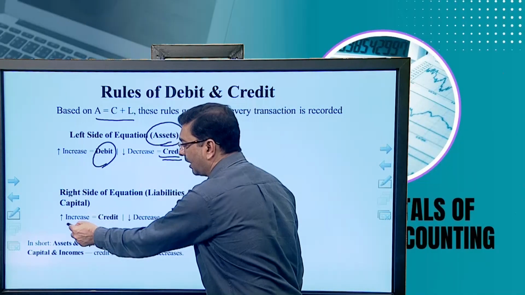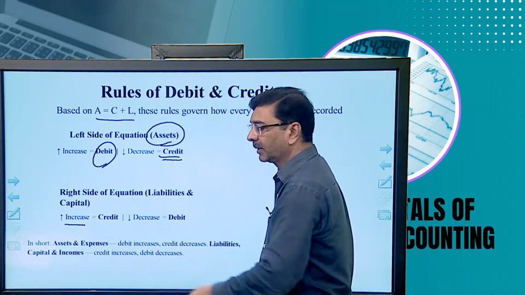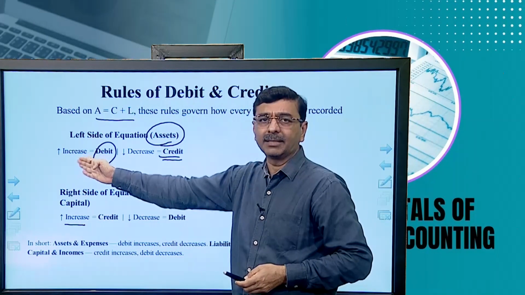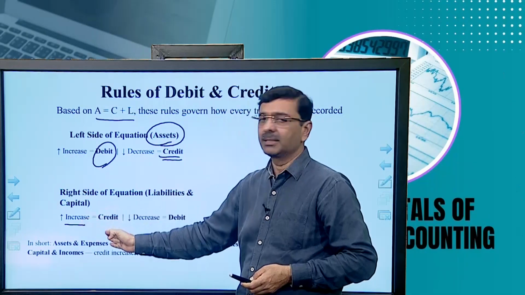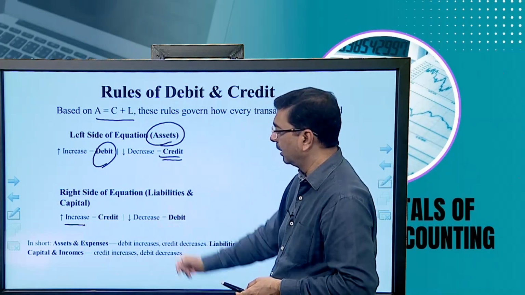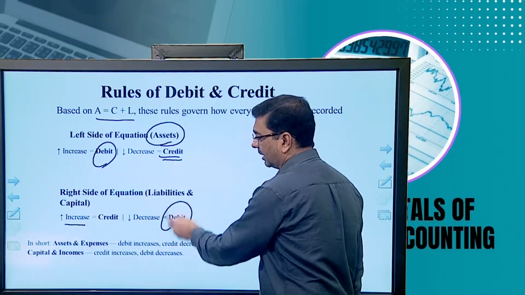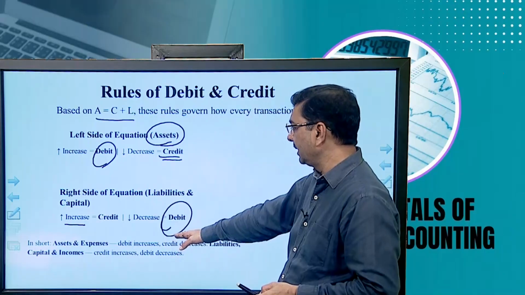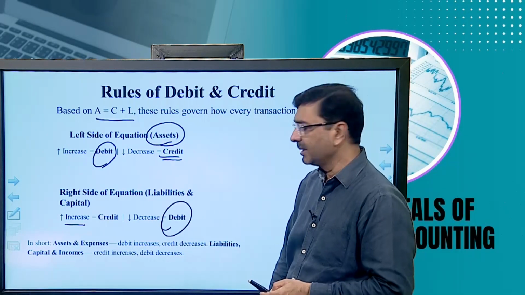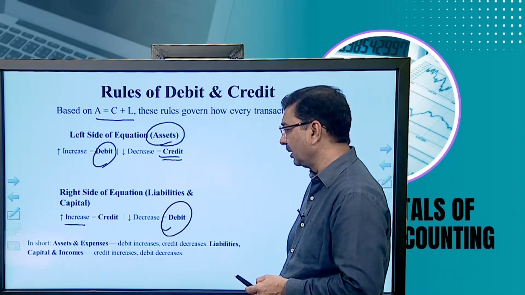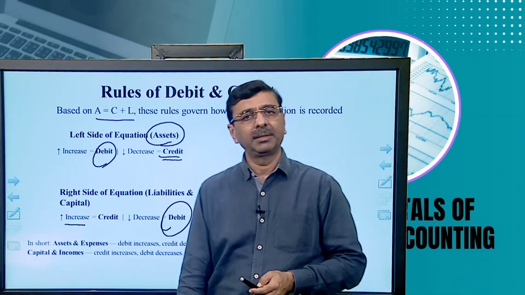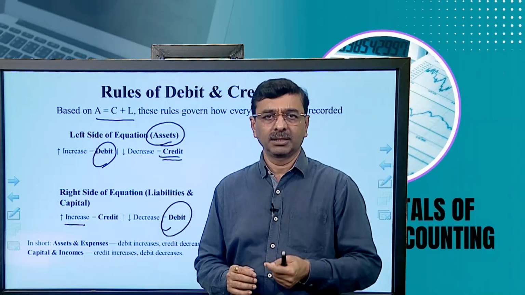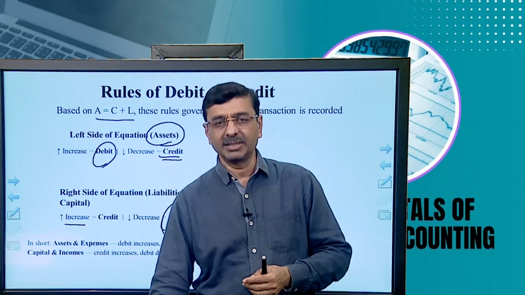In case of liabilities increase, it's the reverse. Here, when assets increase, it was debit. When liabilities increase, it's credit, and when liabilities decrease, it's considered debit, right? So for assets and expenses, debit increases and credit decreases, and in case of capital and incomes, credit increases and debit decreases. So this is the formula you apply in a particular transaction.